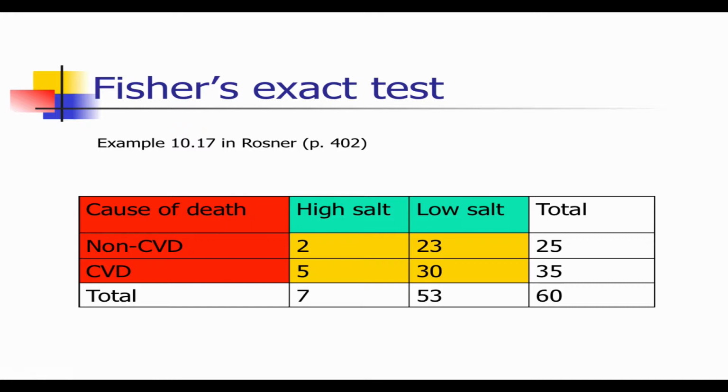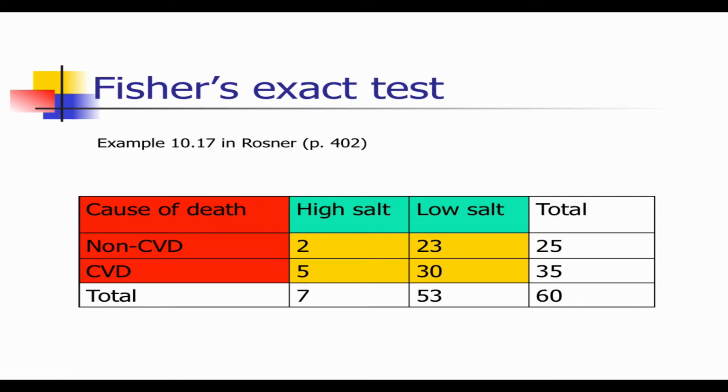But now you got 6 and 1, which essentially means that among those 7 high salt diet people, you have not only a 2 times ratio, you have a 6 times ratio. So this is even more extreme, or gives you more evidence towards the alternative hypothesis. So this is one scenario.